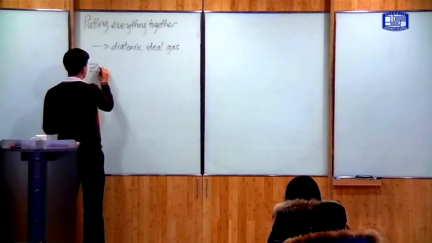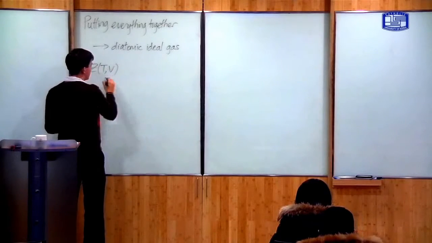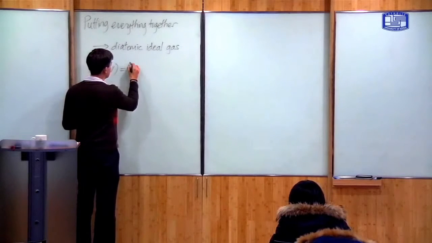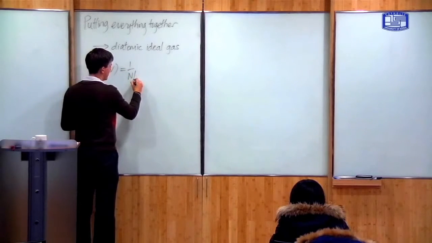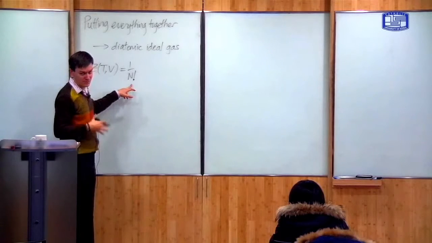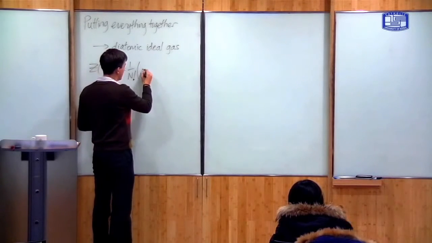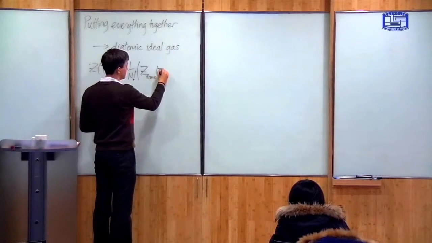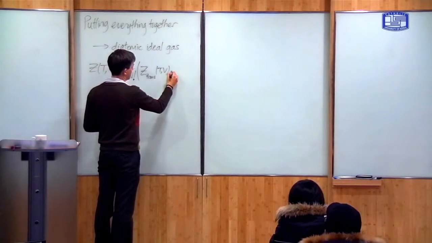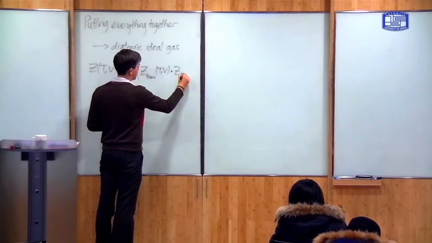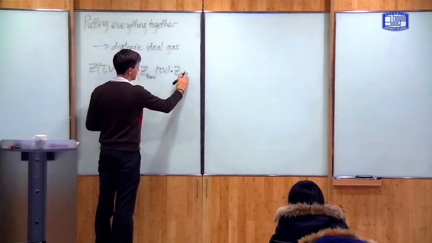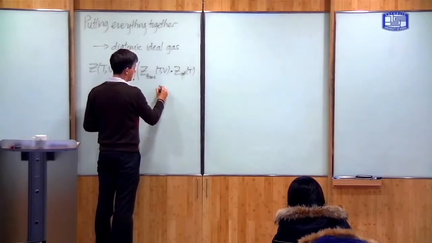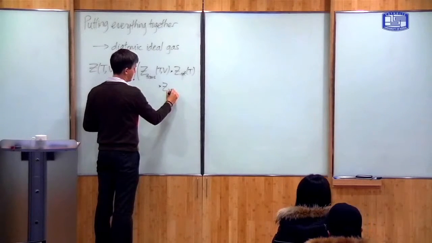The total partition function Z is a function of the temperature of the gas and the volume that the gas occupies, and this is 1 over N factorial. This comes from the fact that the particles are indistinguishable, times the product of the translational part, which is the first thing we calculated, times the rotational part, which only depends on the temperature, and then today the one we've calculated, the vibrational part.